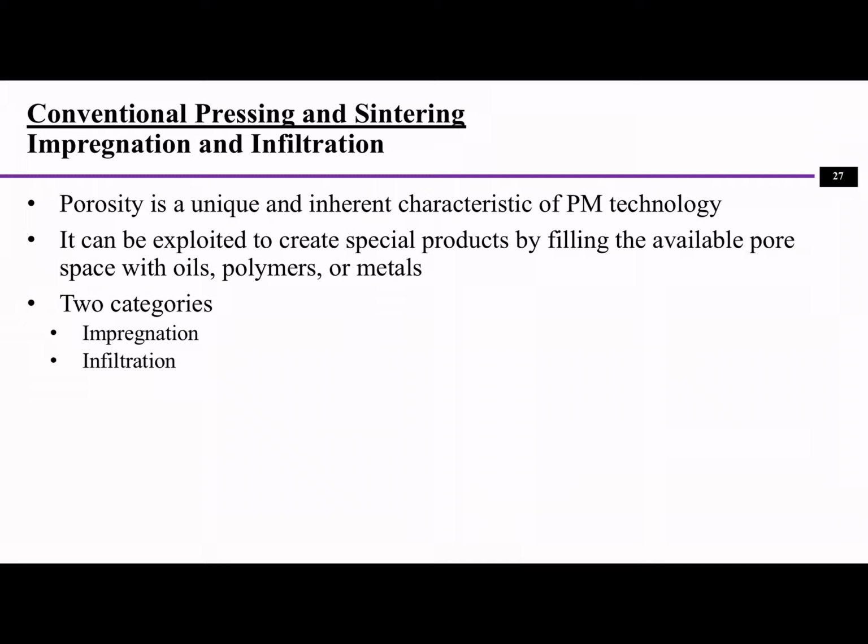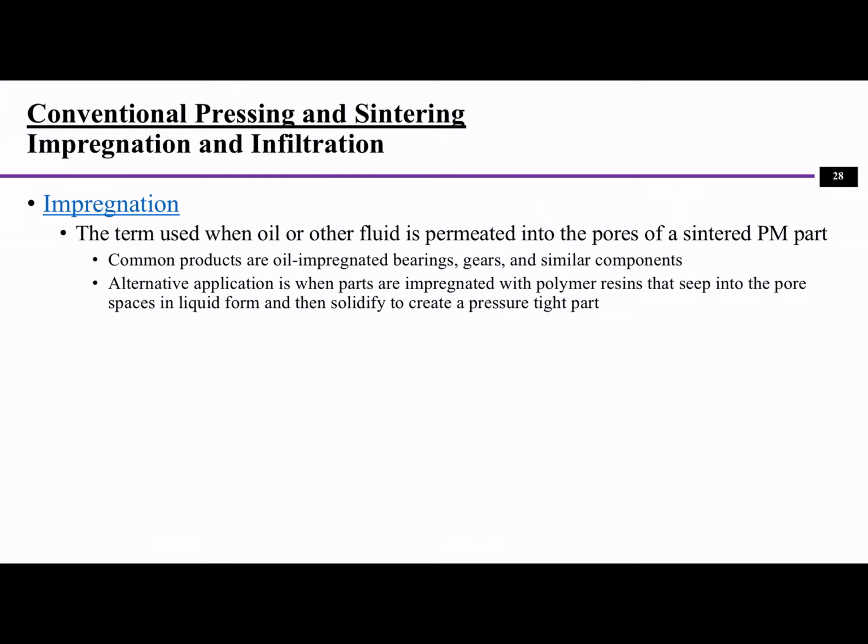Now let's look at each process. Impregnation means that we are filling the pores with oil or some other fluid. For example, when making gears or bearings, we want a lubricant or some oil to get into the pores, so that the lubricant can be stored there when those parts are functioning in industry applications.